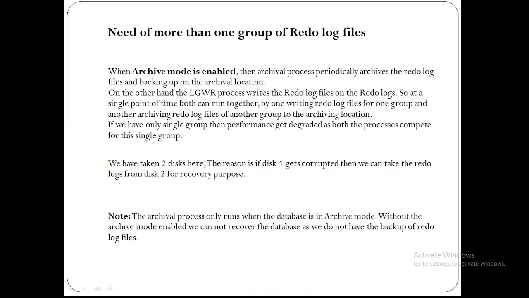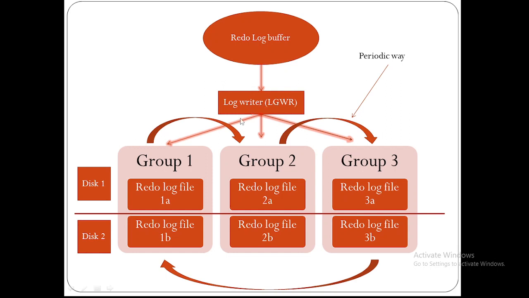On the other hand, the log writer process writes to the redo logs. We saw our current log file is from group 2 right now. So the archival process may be working on group 1, archiving its log files to the archival location.